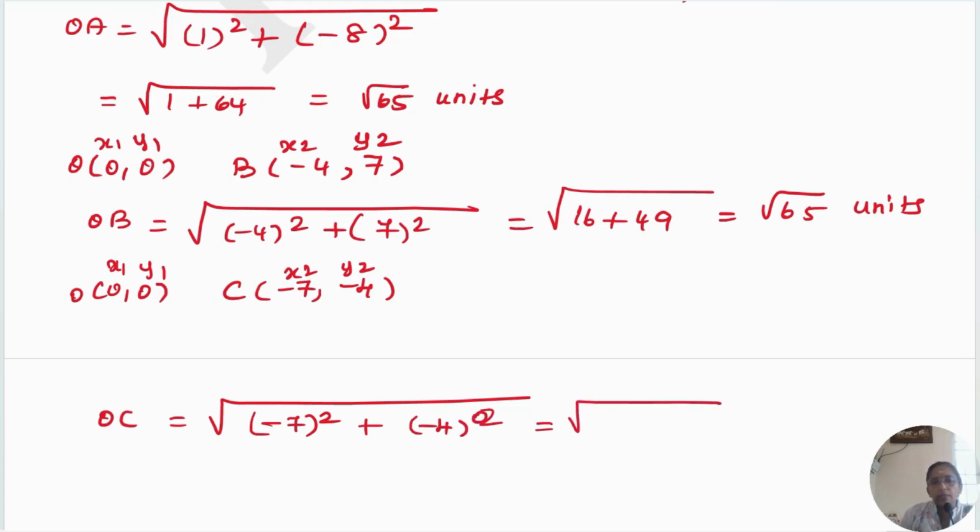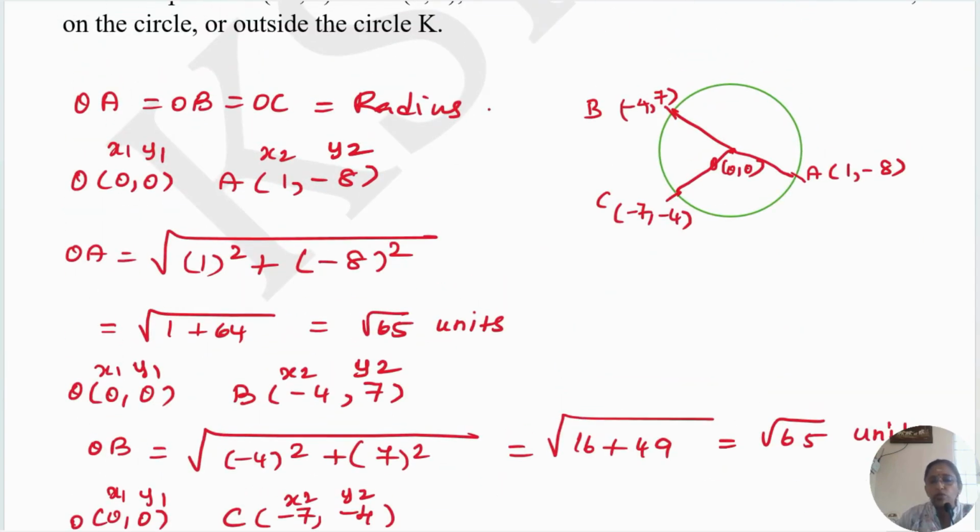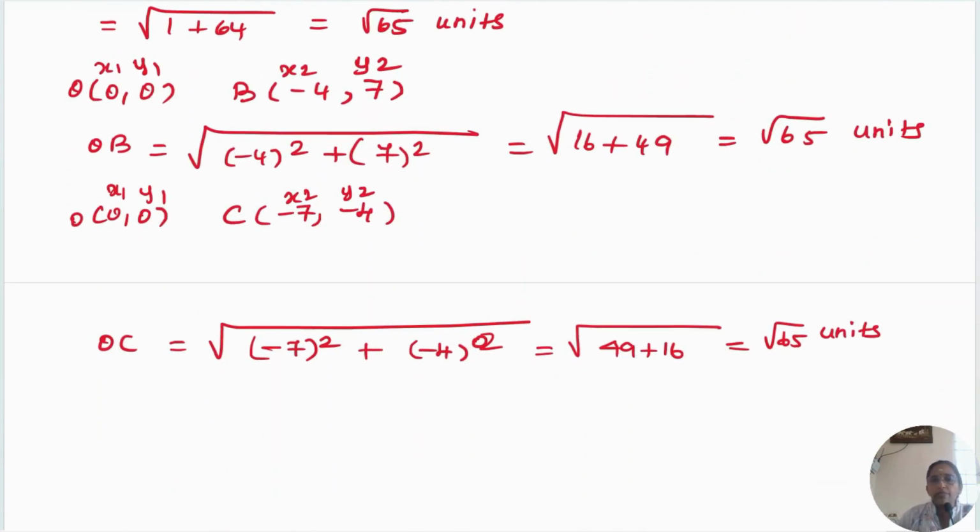That is nothing but 49 plus 16, which is equal to root 65 units. So in all the cases, OA is root 65, OB root 65, OC root 65. From this you can understand the radius of the circle K is root 65 units.